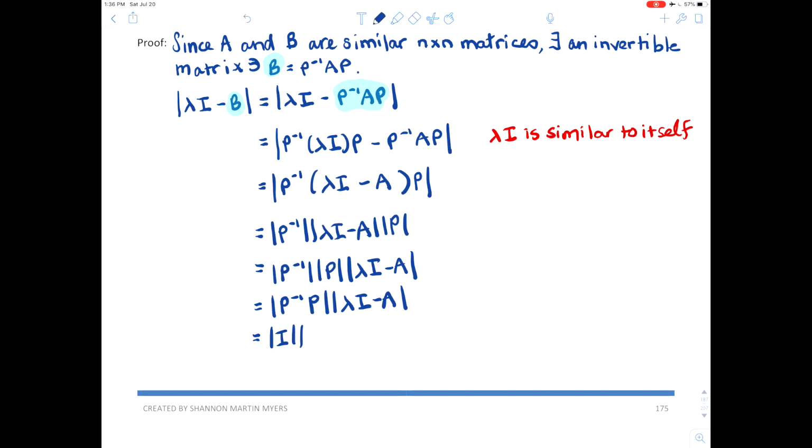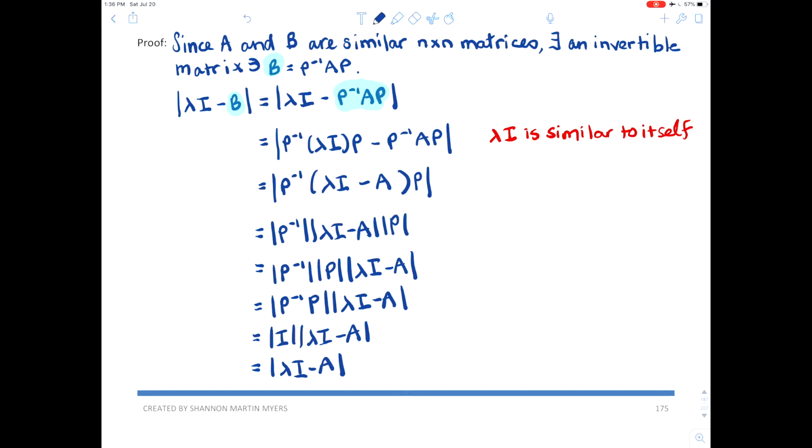I, N. So we'll have the determinant of I times the determinant of lambda I minus A. And that's equal to, beautiful, the determinant of the identity matrix is just going to be 1, right? And that means we'll be left with the determinant of lambda I minus A.